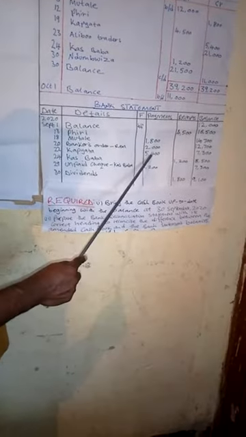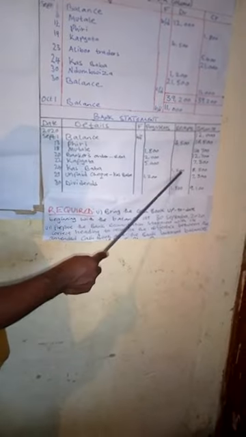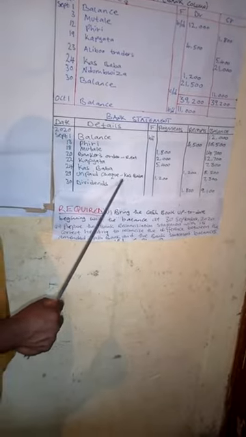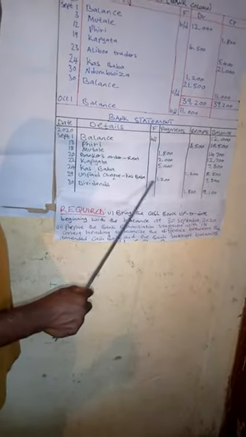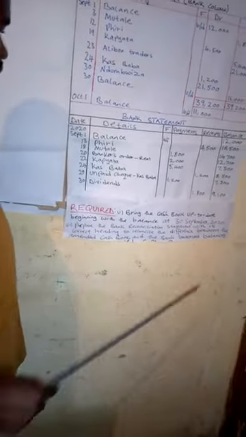Kapiata 54 on the debit or payment side, reducing the balance. Kasbaba, there is 12 on the receipts or credit side, increasing the balance. Unpaid check, Kasbaba. Okay, so this is a check which has been dishonored, so it's on the debit side, reducing the balance. Then we have dividends, 18, increasing the balance.